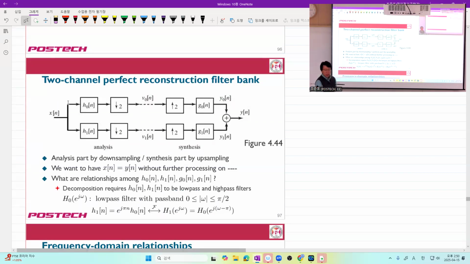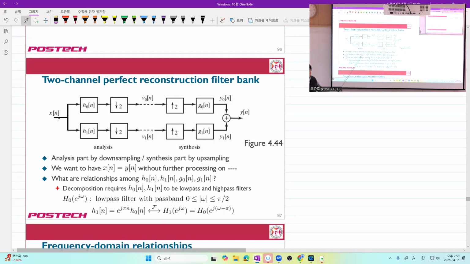Anyway, so here goes a perfect reconstruction filter. Here you have downsampler and upsampler and adder. And I believe this example is rather beyond the scope of undergraduate DSP.